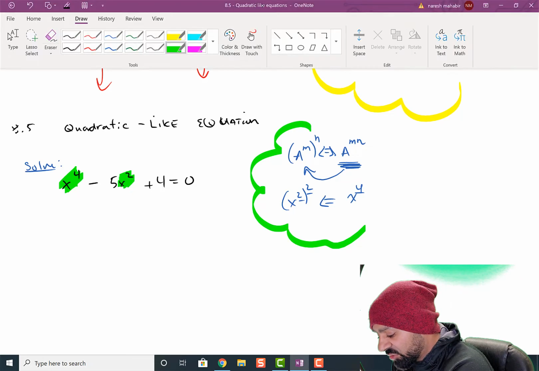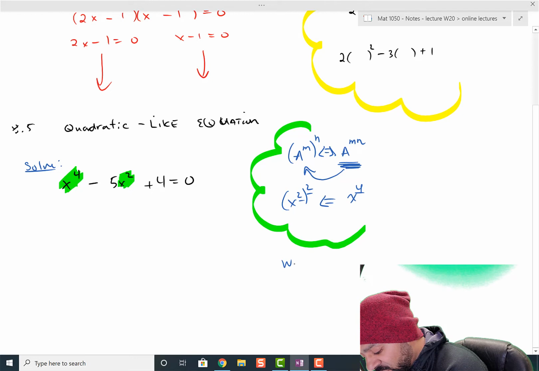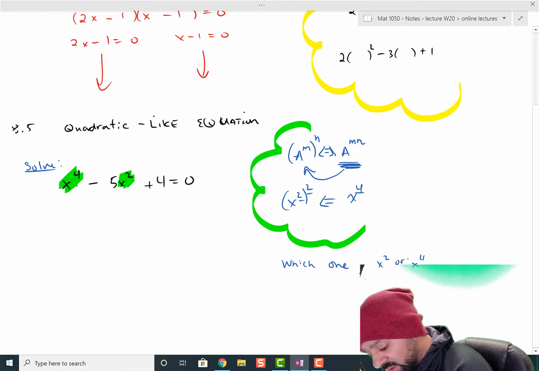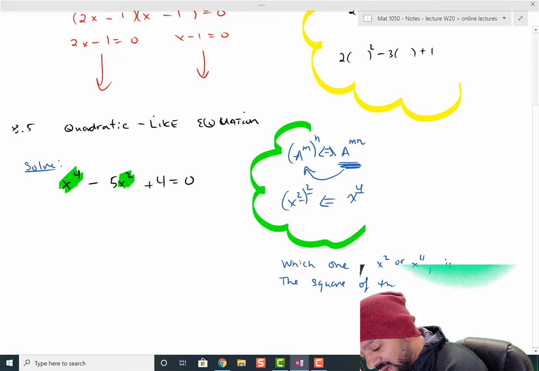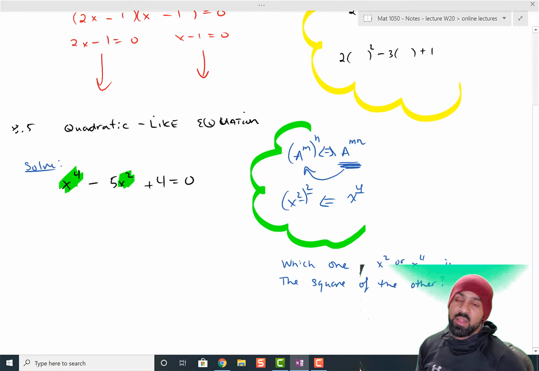So you're trying to say to yourself, and I'm going to write this question down on the screen because it's an important question, which one, and what are the two you have to choose from? x squared, this guy in green, or x to the fourth, is the square of the other. This is the key question. If I had a key, I would put it on the screen right now, okay? So, which one of them is the square of the other?